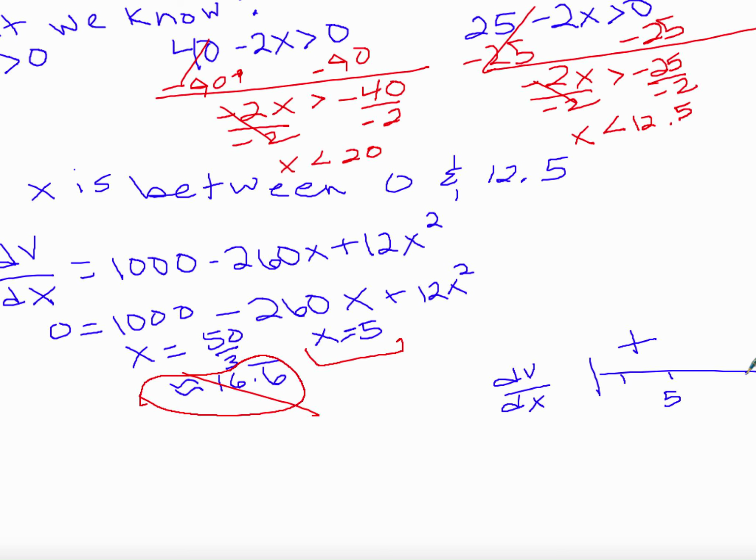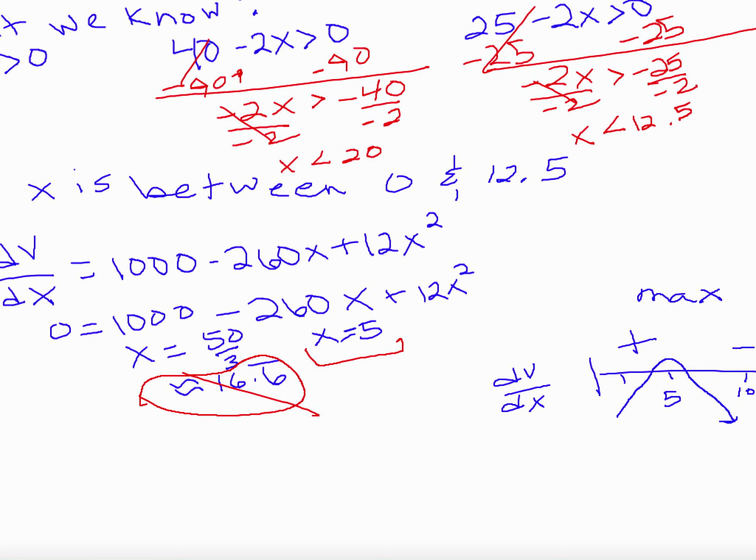If I test 10, I get a negative result. So my graph is increasing until I get to 5, and then I start decreasing. This is a maximum. So my square's length has to be 5 centimeters to maximize the volume. I have to cut out 5 by 5 chunks to maximize the volume of this tin.